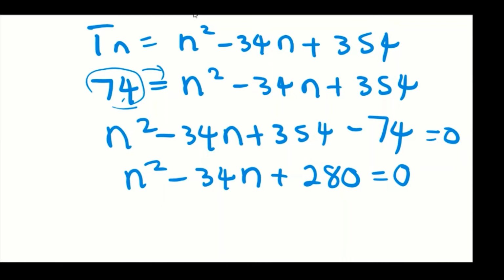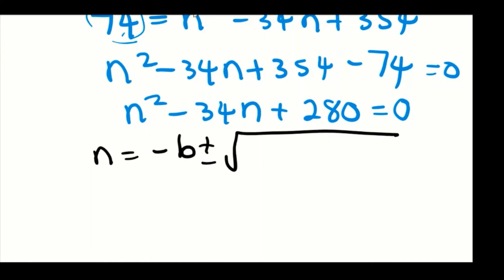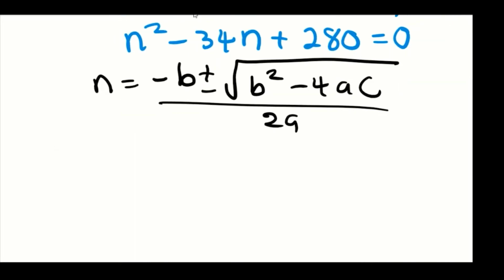So to find the value of n, we can use our quadratic formula, which is n being equal to minus b plus or minus the root of b squared minus 4ac, divided by 2a. And we're going to substitute into our quadratic formula.